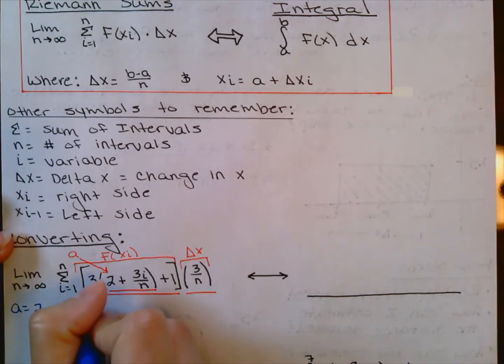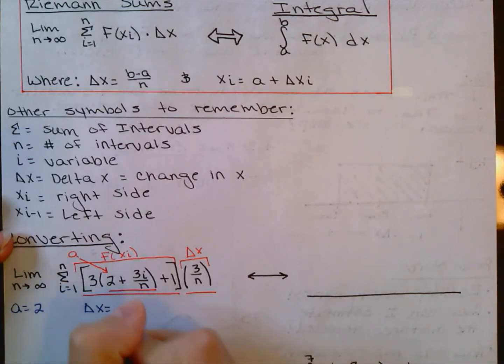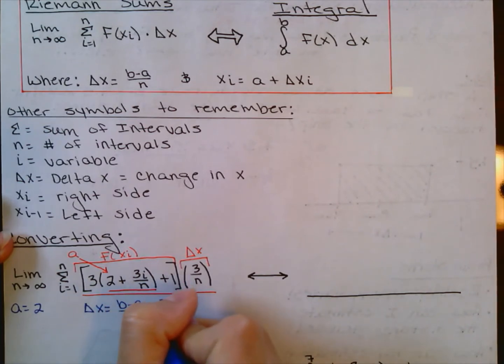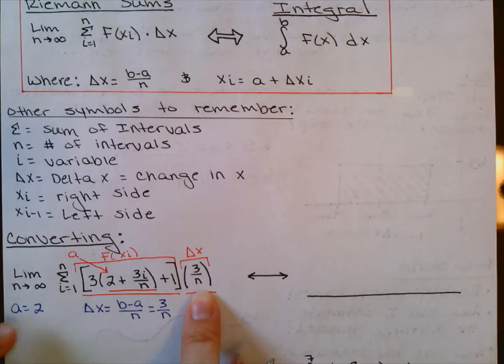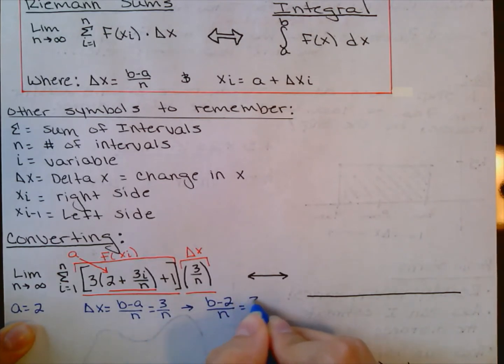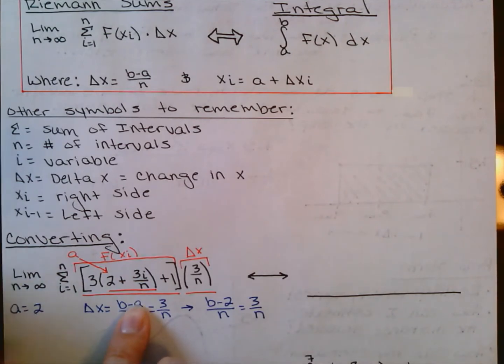I also know that delta x, which is b minus a over n, is equal to 3 over n, because I said this was delta x. And if I already know my a, I can move on to say that b minus 2 over n equals 3 over n, right? All I do is plug in that a in there.